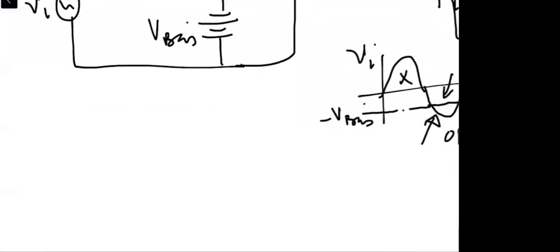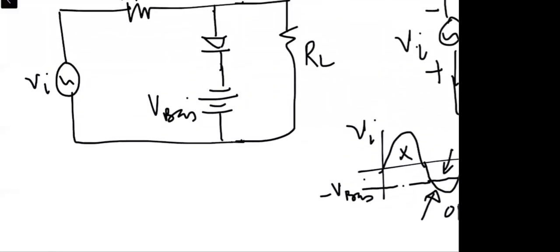Now, as you can see, in these circuits the diode was in the parallel branch. But what if the diode is in the series branch? Let's see.